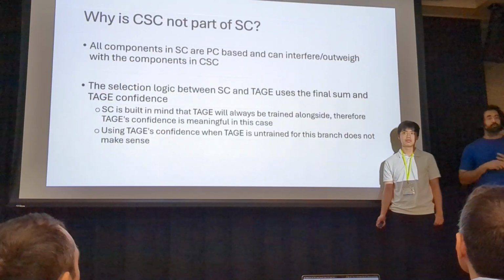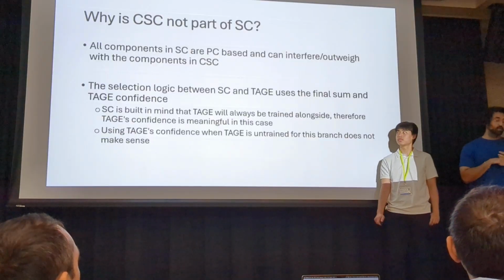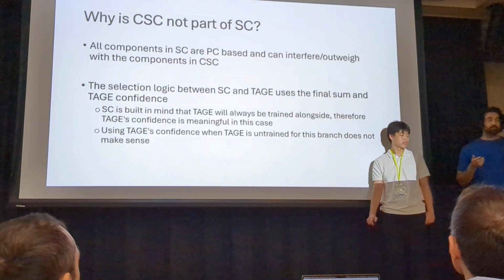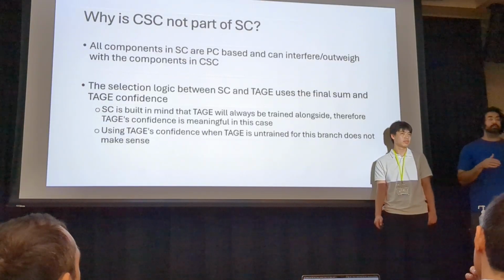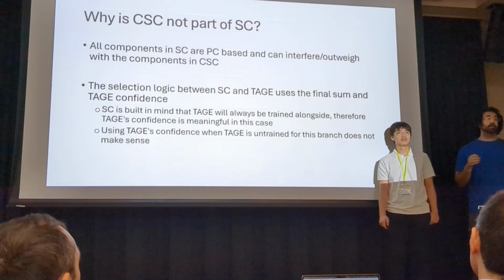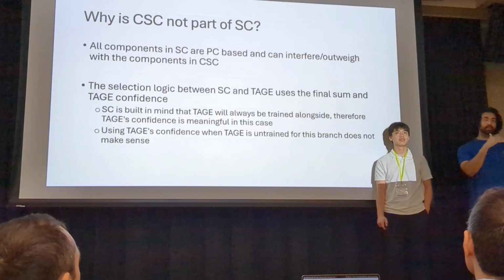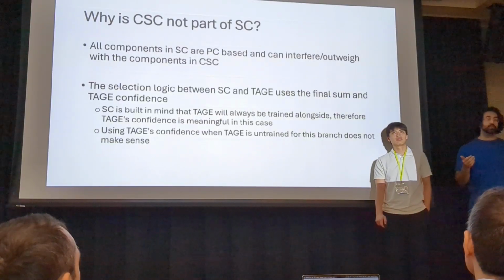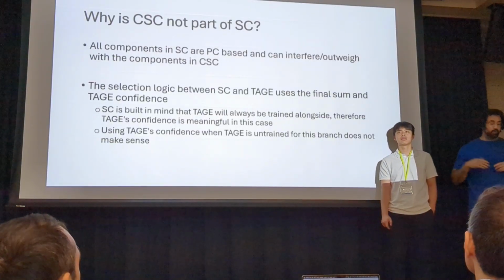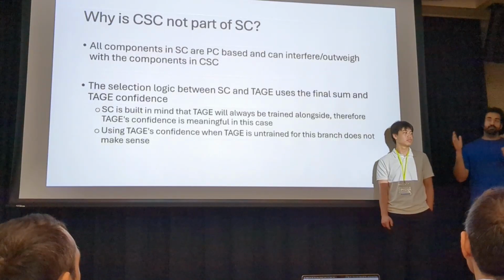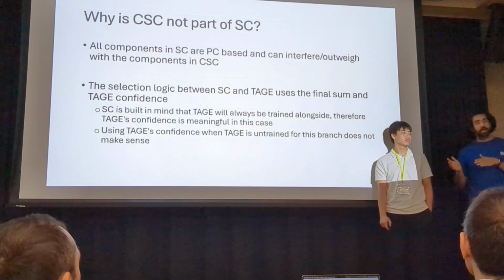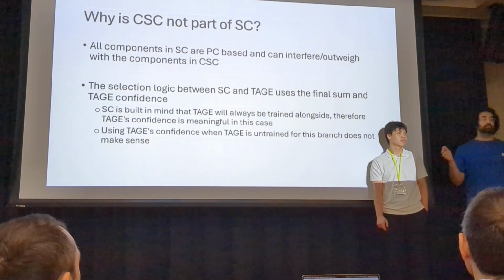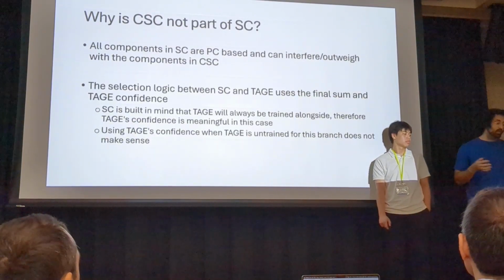Another question is why the CSC is not in the SC. The first reason is that CSC is trying to get global information that's not indexed based on PC, so all of our weights are static. It's not a set of weights per PC. We didn't want CSC signals, which are PC independent, and SC signals, which are PC dependent, to mix and interfere with each other.